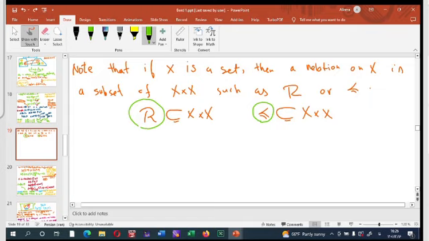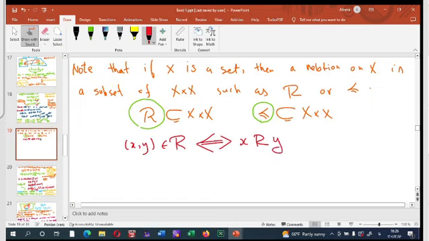By this notation, (x, y) is an element of R if and only if we have this relation.